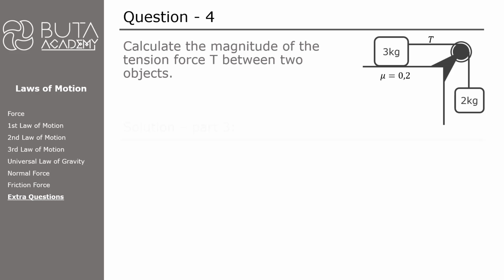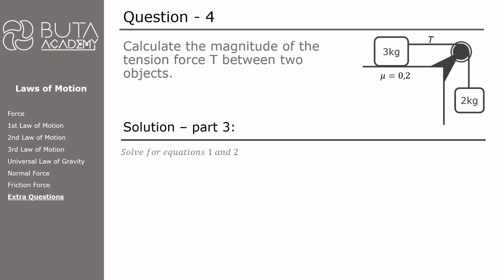Let's bring the two equations together. 19.6 minus T is equal to 2 times a, and T minus 5.88 is equal to 3 times a. We can notice that while in the first equation T has a negative value, in the second one it has a positive one, which means if we add these two equations side by side, these tension forces will cancel each other.